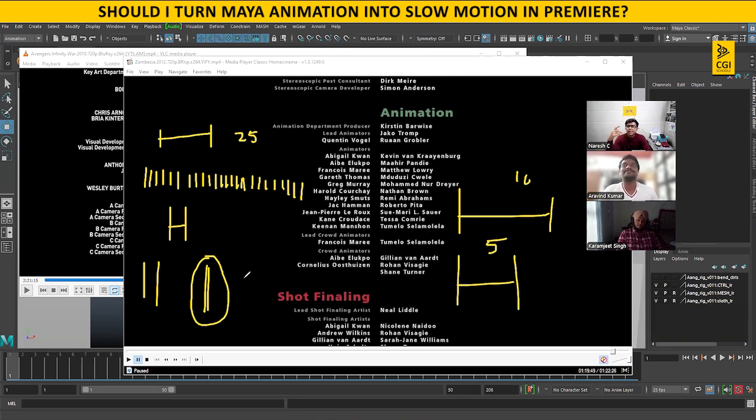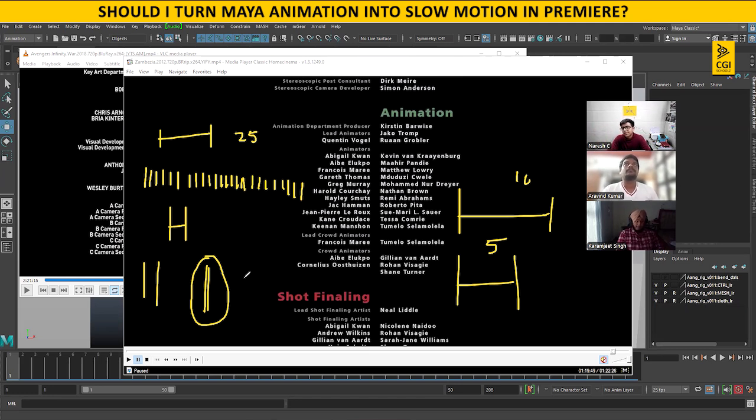Because if we make it slow motion, there will be more space between two frames. Earlier it was this, now it will be this. And it will not look like slow motion, it will look like jerks, because there is a lot of space between frames. So jerks will come instead of slow motion.